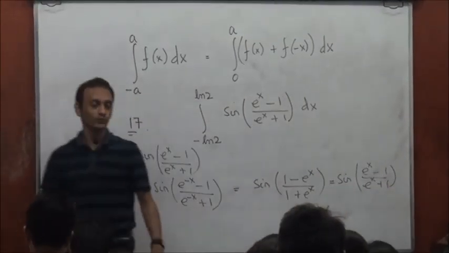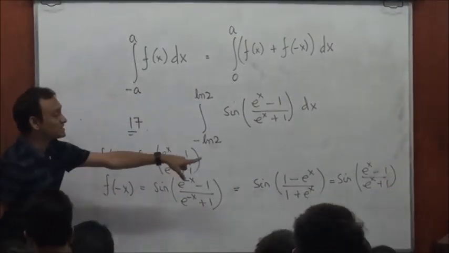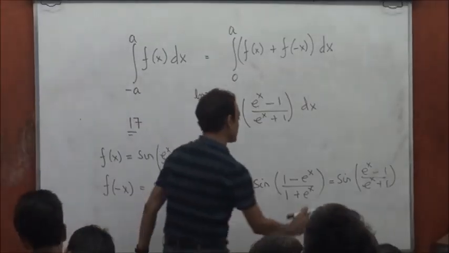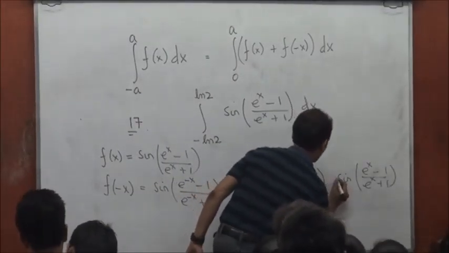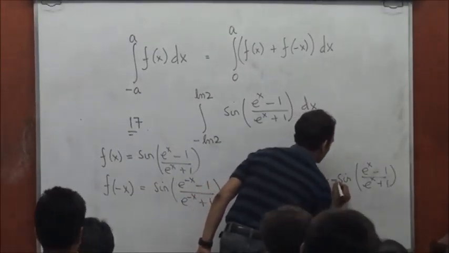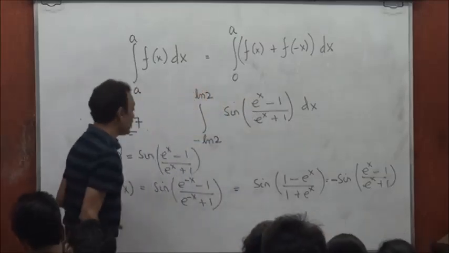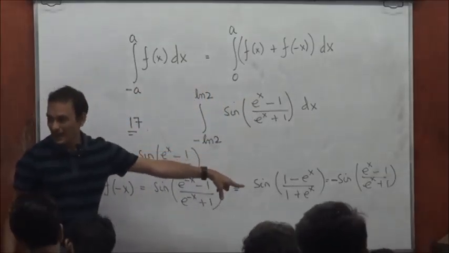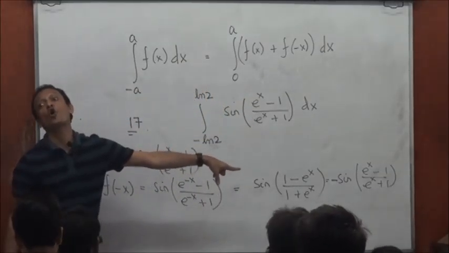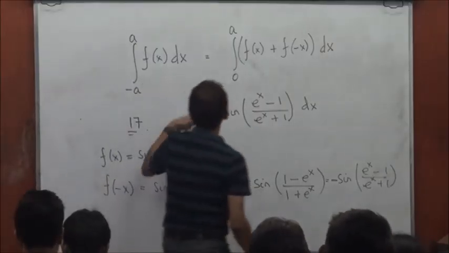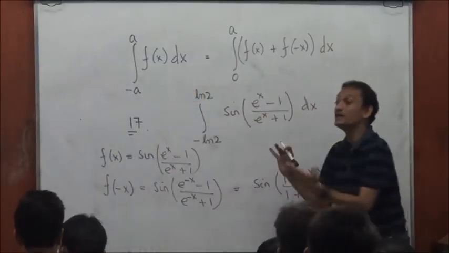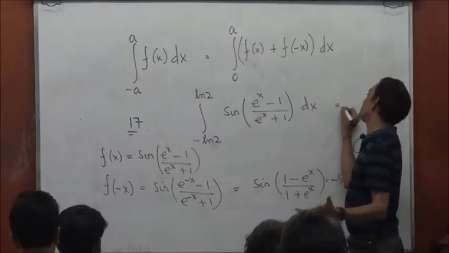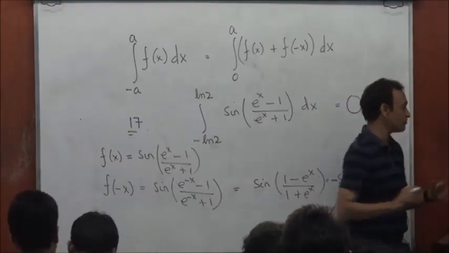In which case f minus x turns out to be minus fx. So what is fx? Odd. And then minus a to a, fx dx is going to be 0 because f is an odd function.